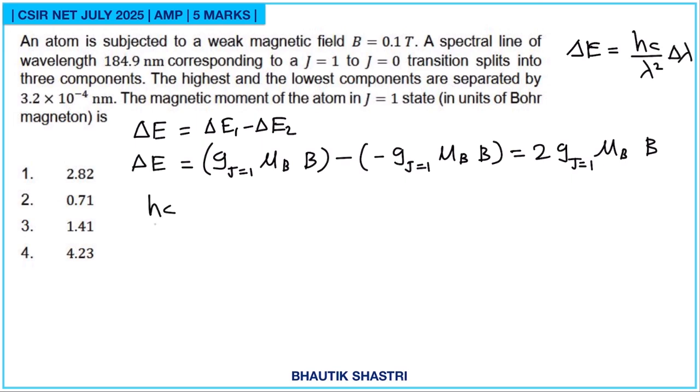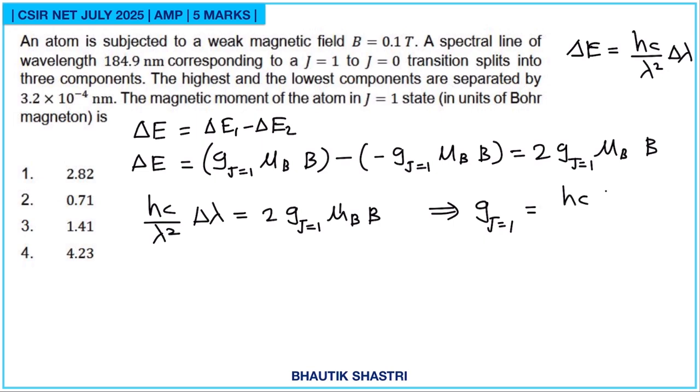So we have Hc by lambda square delta lambda is equal to 2 G for j is equal to 1 mu b, b. So from here G for j is equal to 1 is equal to Hc delta lambda upon lambda square into 2 mu b, b.